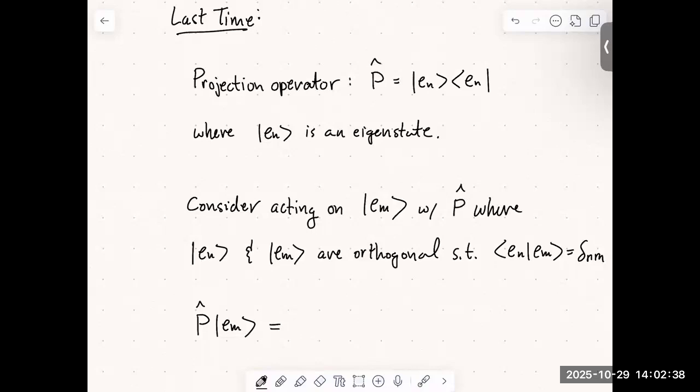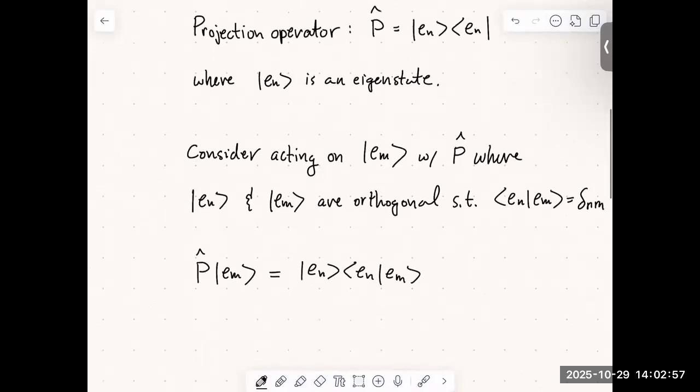We're going to take this projection operator and act on state EM. Well, the projection operator is this EN, and then we act on EM. But we just said we're going to assume this is a complete orthonormal set. So this is going to give us a delta function. If N and M are equal, we'll get 1. If they are not equal, we'll get 0. They'll be orthogonal.